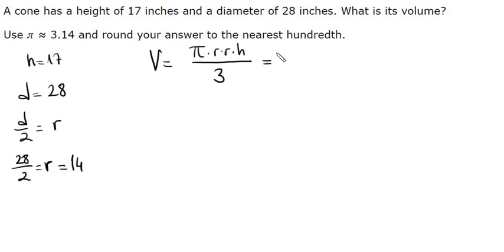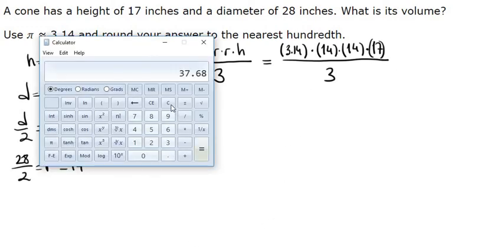So let's just continue calculating this volume of this cone. So the pi is 3.14 times the radius, which is 14 squared, which is 14 times 14, and the height is going to be 17 divided by 3.